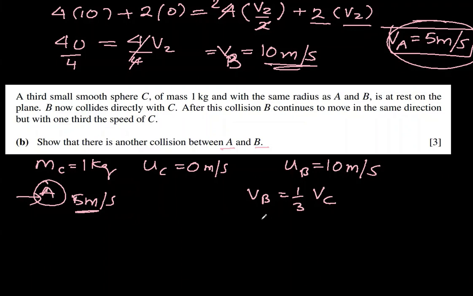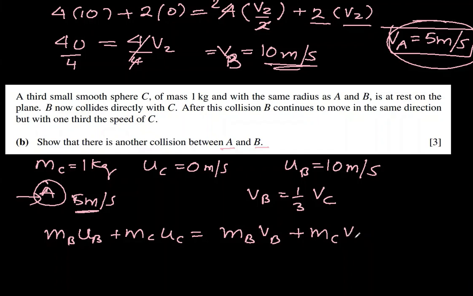All right. So let's try to use again conservation of momentum. So MB UB plus MC UC will be equal to MB VB plus MC VC.